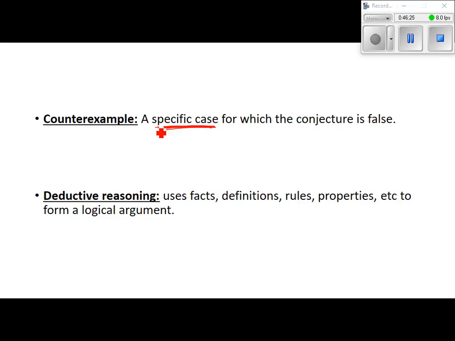So if I made a conjecture that everybody's name in my Brown 3 class, their first name and last name, has fewer than 10 letters total. Is that true or false? False. Now, when something's false, you need to be able to give a counterexample. So what could you give me as a counterexample?